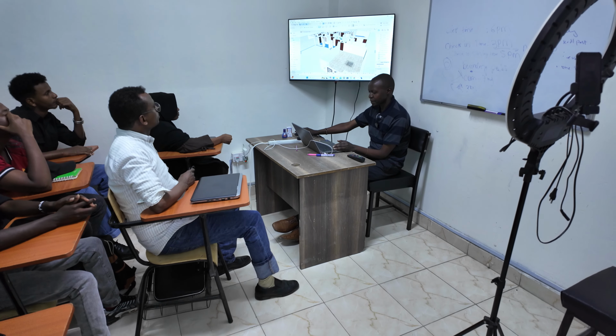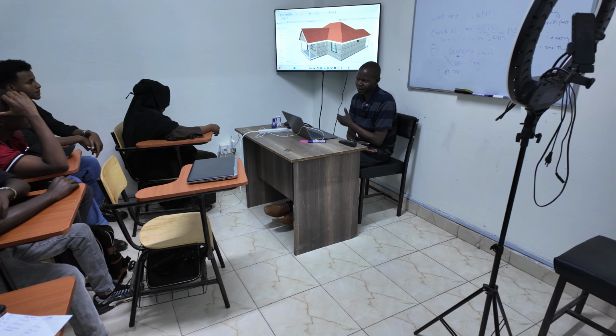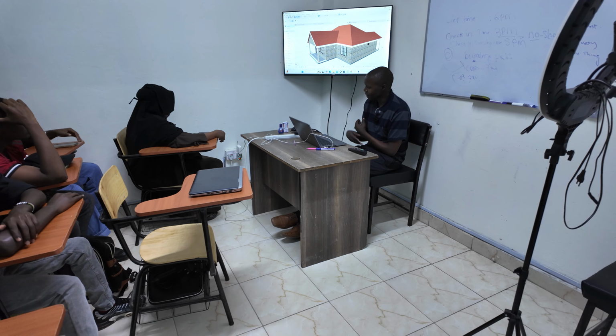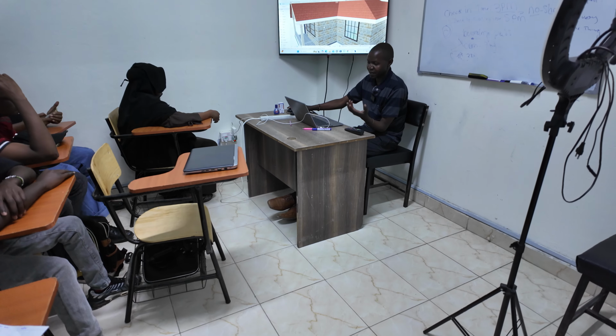Yeah. So it's very nice when you're using ArchiCAD. It's faster. You just apply on the model. For example, see this side, there's no window here. And maybe the client wants a different type of window with a different type of glass.